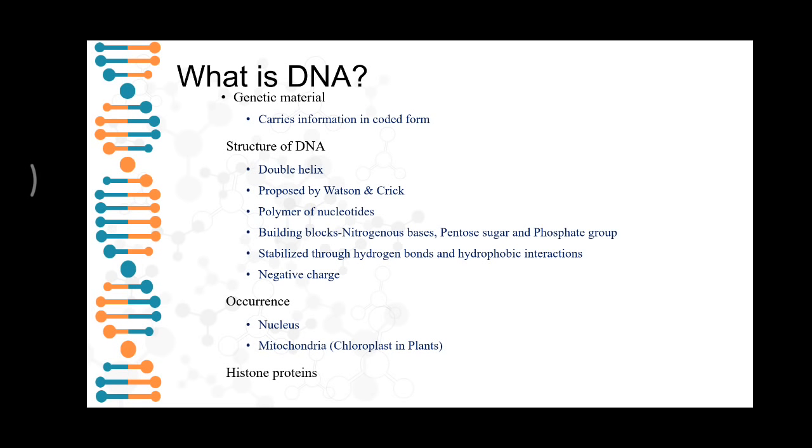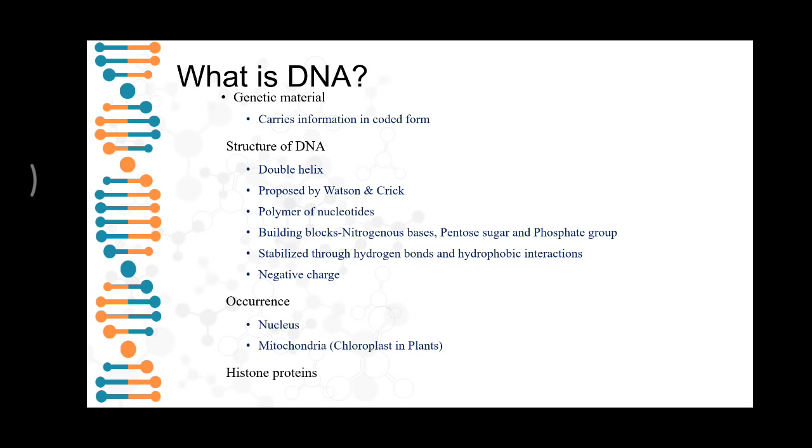So they are basically polymers of nucleotides. The three major components of a nucleotide are the nitrogenous bases, which are in the form of purines and pyrimidines. The purines are adenine and guanine, and the pyrimidines are thymine and cytosine.